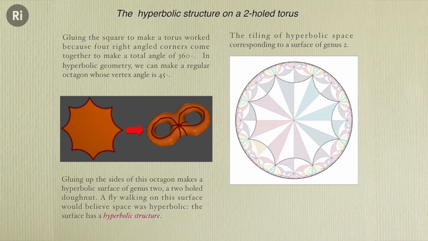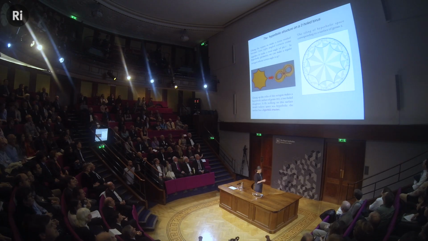And here is a rather beautiful tiling of the hyperbolic plane, in which we've got a nice regular octagon, and the angles here have been manufactured each to be 45 degrees. So when I stick 8 of them together, lo and behold, I make 360 degrees. So it's nice and locally making the right angle that it should do.